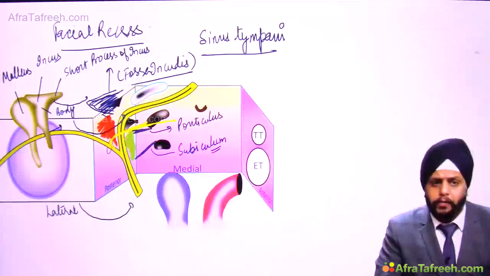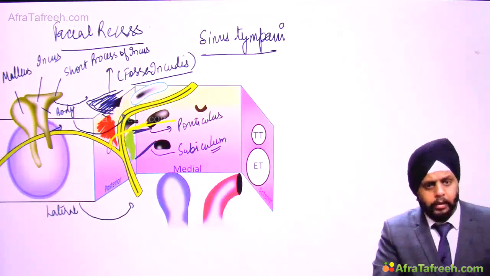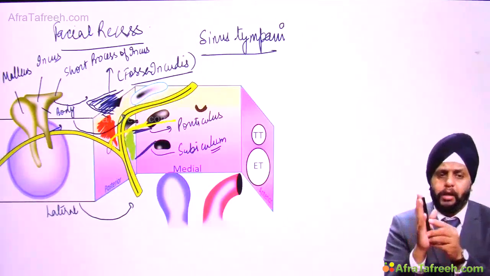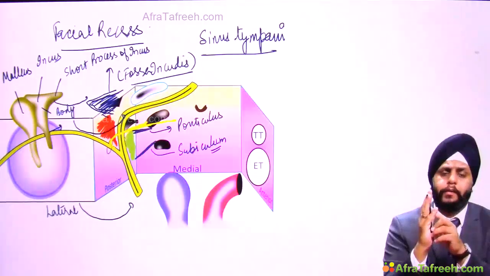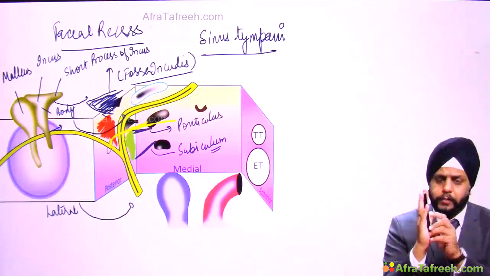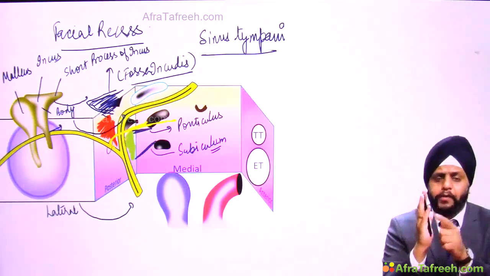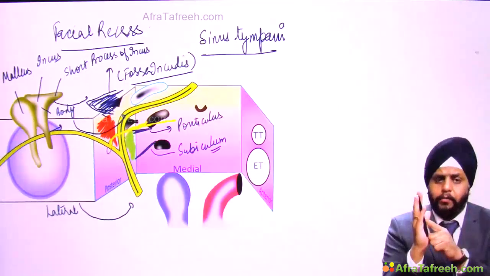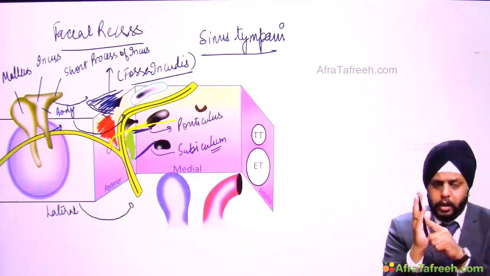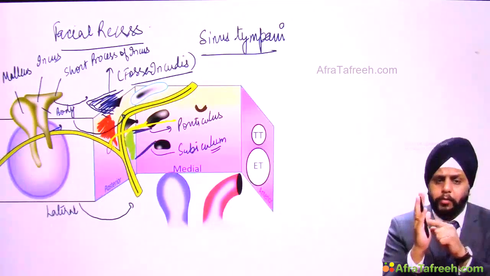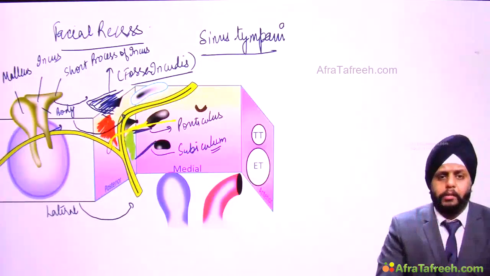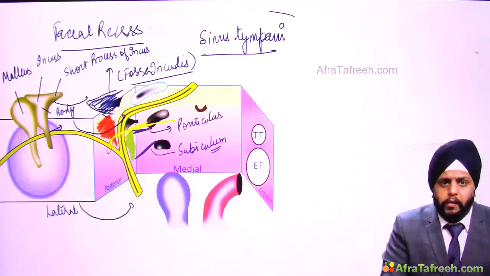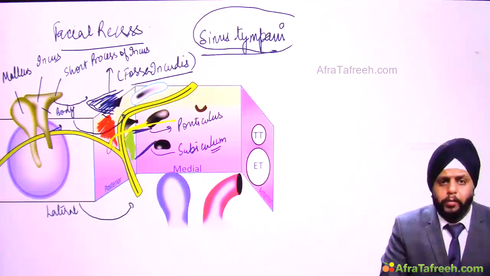Now, what is the significance of the sinus tympani and facial recess? As you can see over here, the sinus tympani is a blind recess. Therefore, if there is some disease in the sinus tympani, we will not be able to remove the disease completely. This is a blind recess where we are not able to remove the disease.